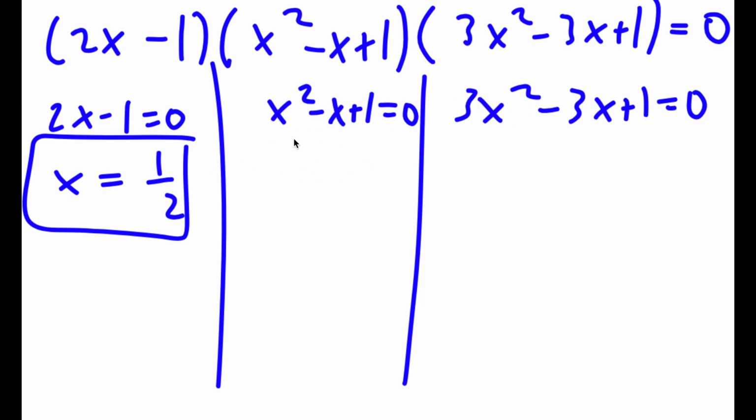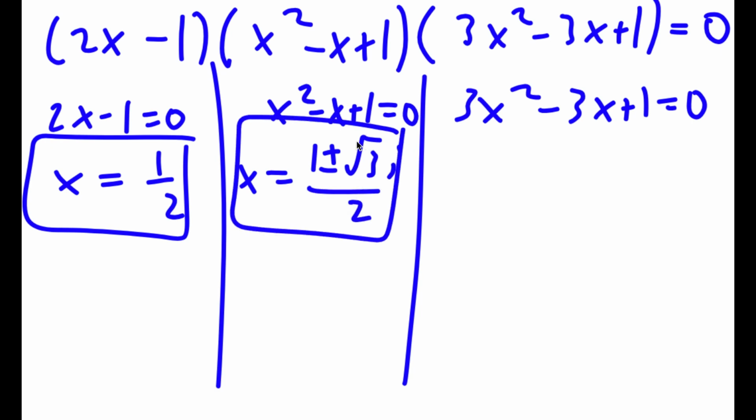So for x squared minus x plus 1 equals 0, we have x is equal to (1 plus or minus the square root of 3i) over 2. And finally, for this, we have (3 plus or minus the square root of 3i) over 6.